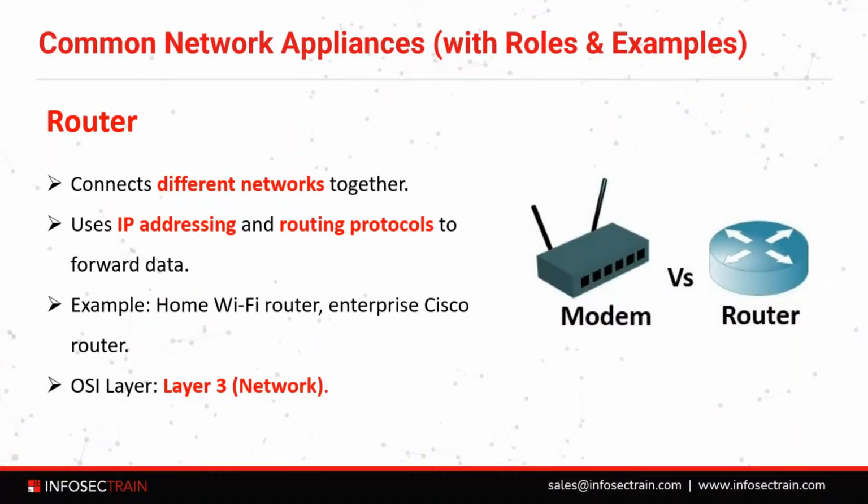It acts like a traffic controller, deciding the best path for data to travel from one network to another, especially between your local network and the internet. Right? So it assigns the IP address to the devices. It does network address translation, converting private IPs to public IPs, right?